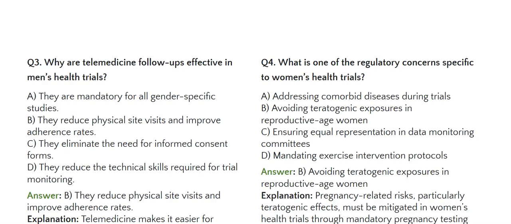Within the four choices, the only one related to pregnancy risks is teratogenicity, so B, avoiding teratogenic exposures in reproductive age women, is the answer. Pregnancy-related risks, particularly teratogenic effects, must be mitigated in women's health trials through mandatory pregnancy testing and strict contraception counseling.